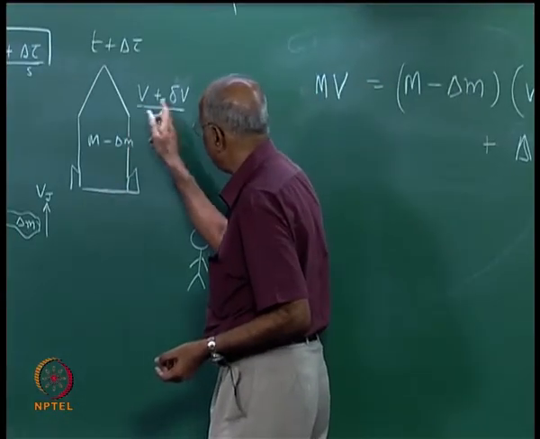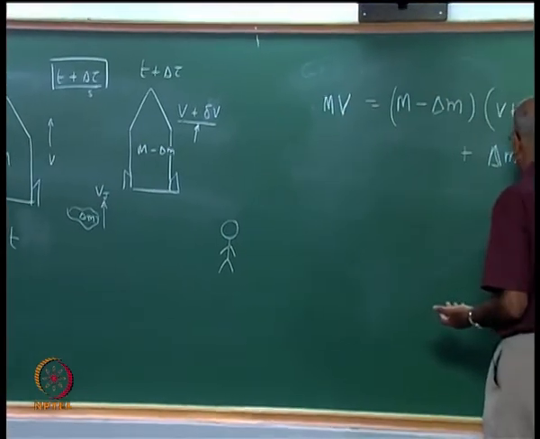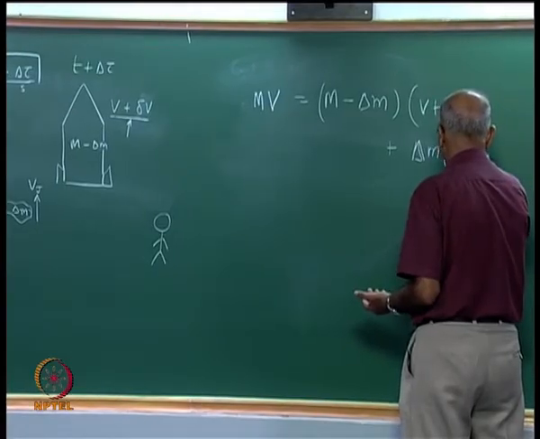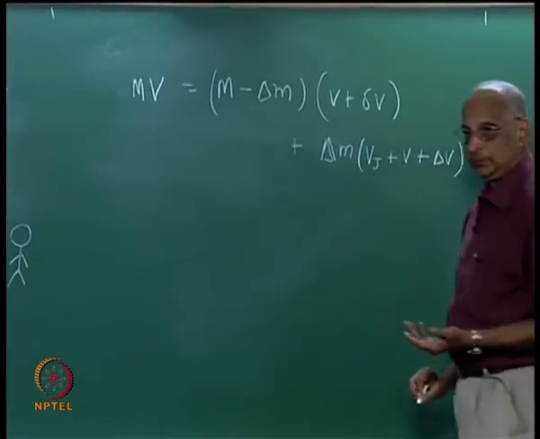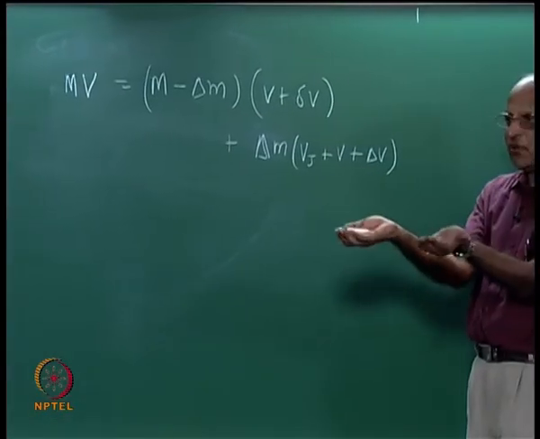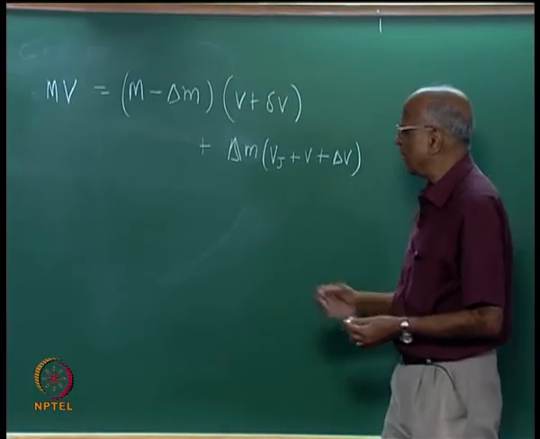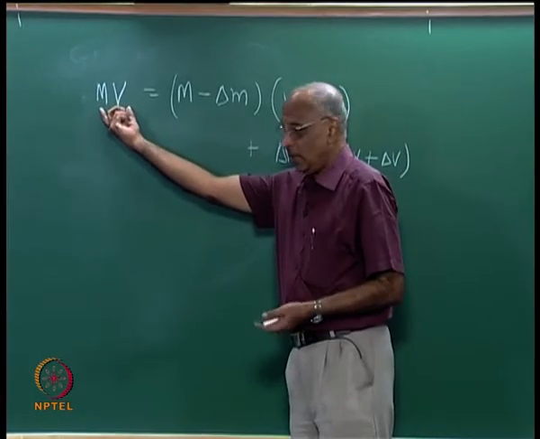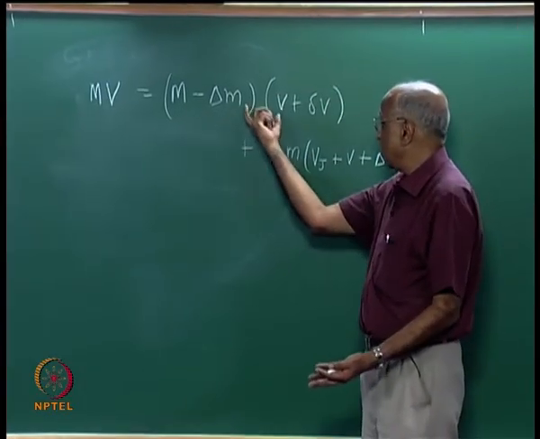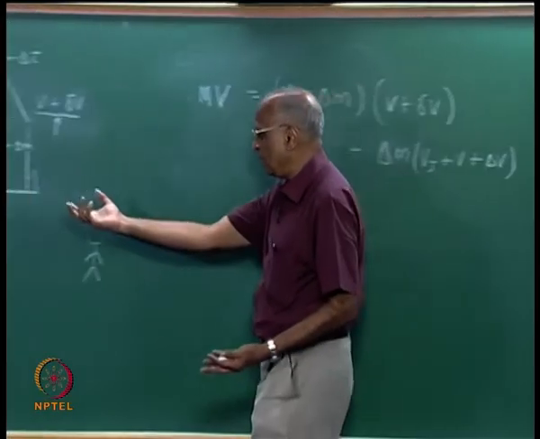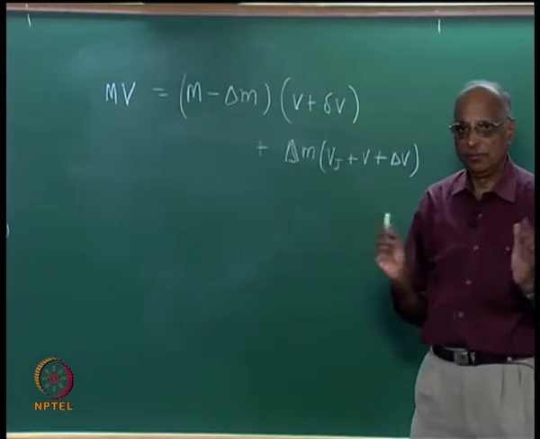The rocket is flying at v plus delta v, plus Vj over here, that is the velocity of the stone, the relative velocity Vj plus v plus delta v. This is how we wrote the equation for the sled, right. Therefore, we write exactly the same way, and we find this is the initial momentum. In that case, the sled was stationary, initial momentum was 0. In this case, this is the rocket plus whatever is left behind. Therefore, for this system, this is the momentum equation, right.